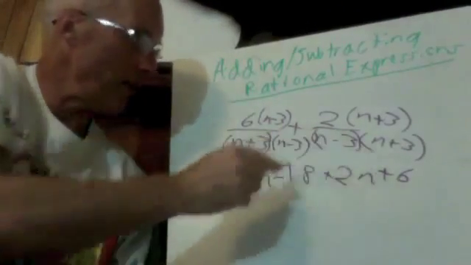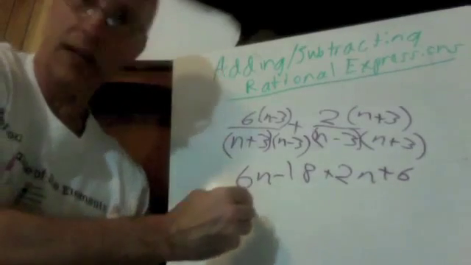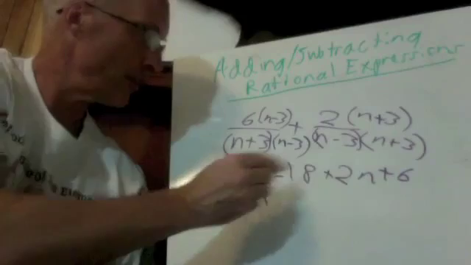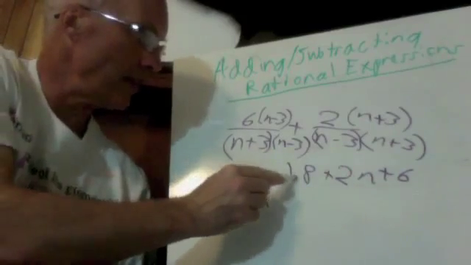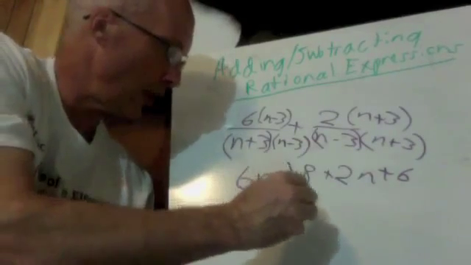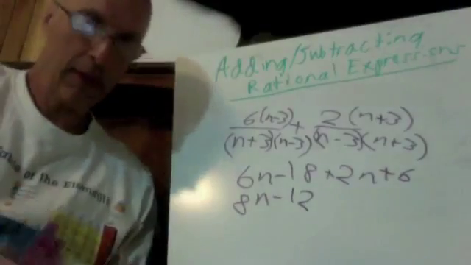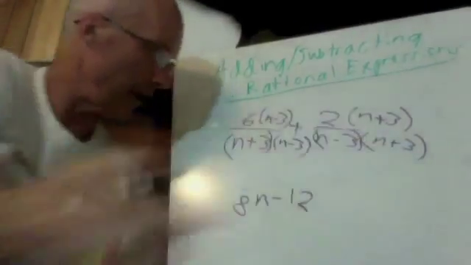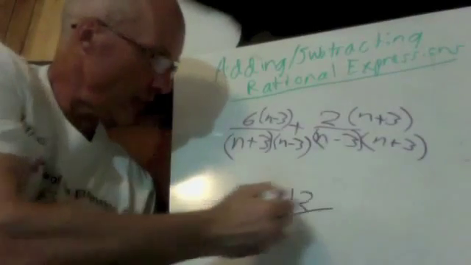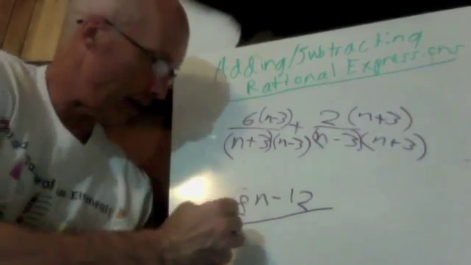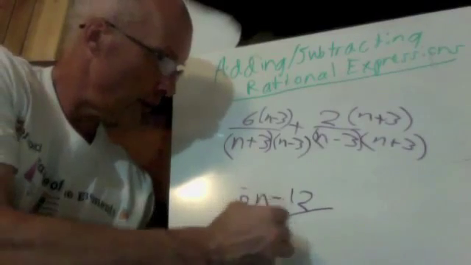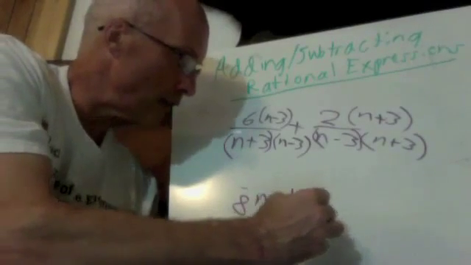I can combine those, and that would give me 8n, 6n and 2n, and negative 18 plus 6 is minus 12. Let me get rid of that so you can see better. And this is going to be over the common denominator, which was n plus 3 times n minus 3.